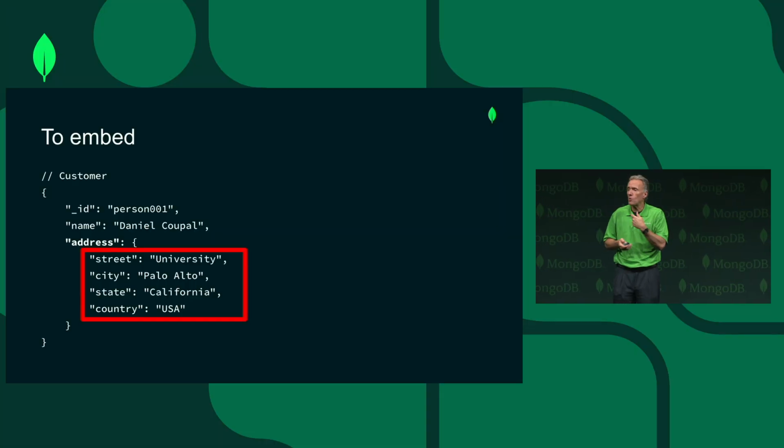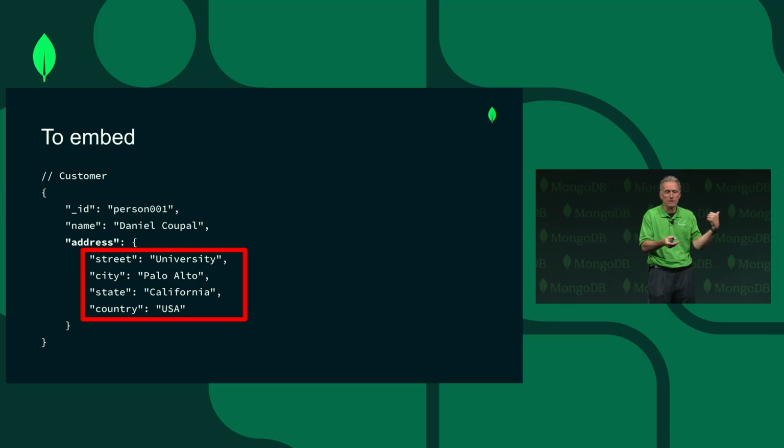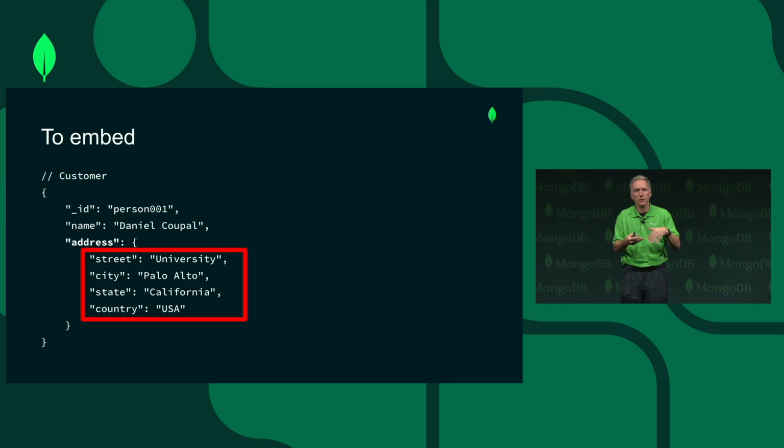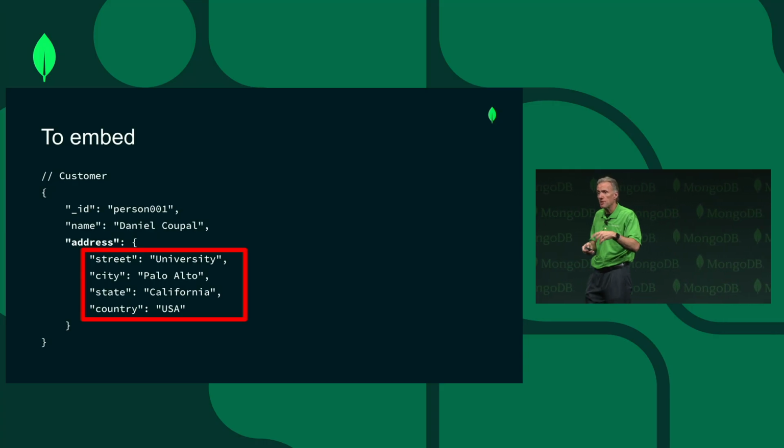If it's a one-to-one relationship, let's say I'm a customer and I only have one address, I embed. Good practice is to use a sub-object for it. In this case, we have address, which makes it easier for the code to just pass the address, and the rest of the code will understand what's in it, no concern for the callers. If you have to embed something that's a one-to-many relationship, we use an array.